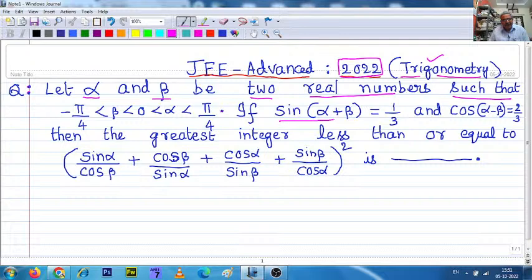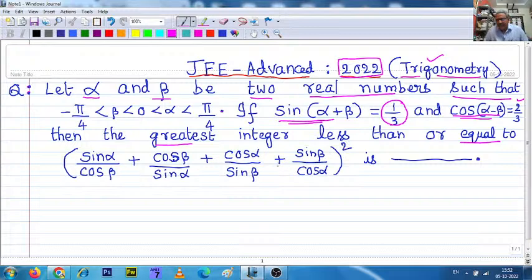If sine of alpha plus beta equals 1 by 3, cos of alpha minus beta equals 2 by 3, then the greatest integer less than or equal to (sine alpha by cos beta plus cos beta by sine alpha plus cos alpha by sine beta plus sine beta by cos alpha) whole square.